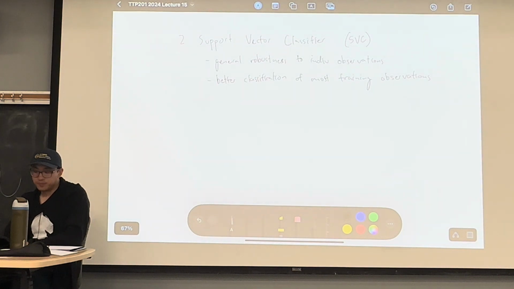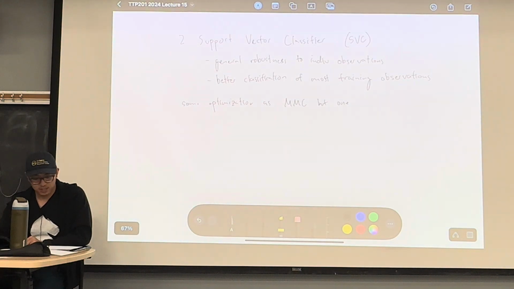An SVC has the same optimization as the MMC, but one additional set of constraints.